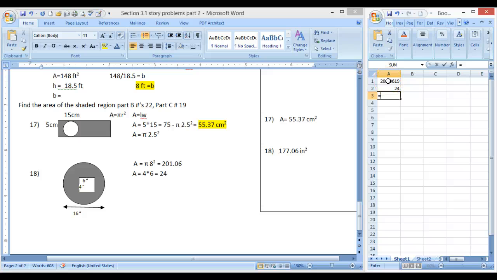As long as I do my circle area, subtract the rectangular area, and that gives me equals minus 24 equals 177.06. And this is being measured in inches, and because I'm dealing with area, I need to do inches squared for the units, and there's my answer.